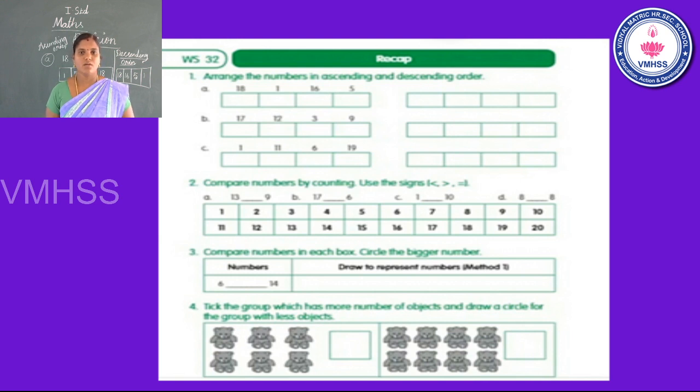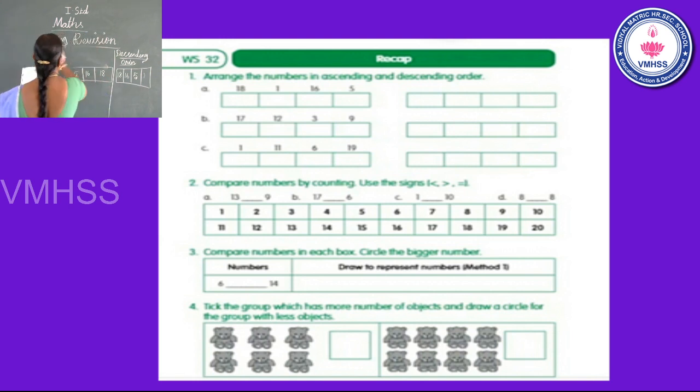Okay, students. Number 2, compare numbers by counting. Use the signs: greater than, less than and equal.